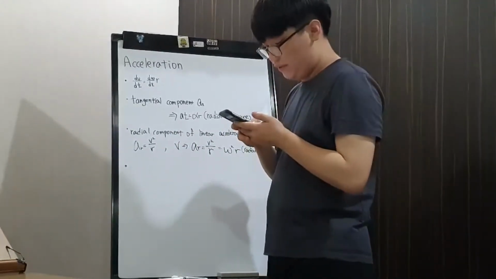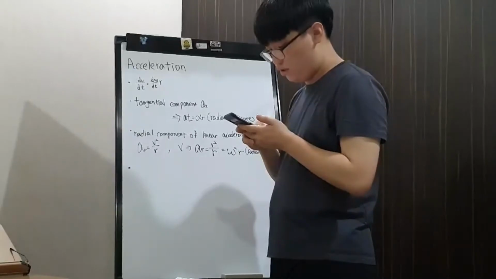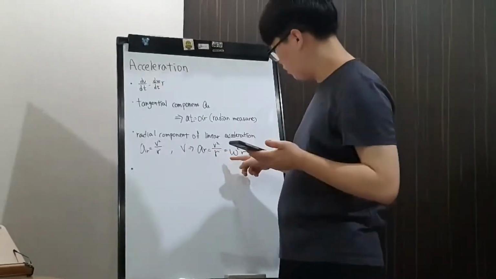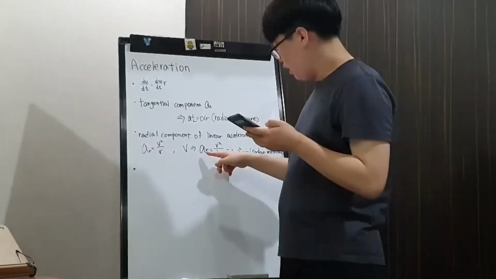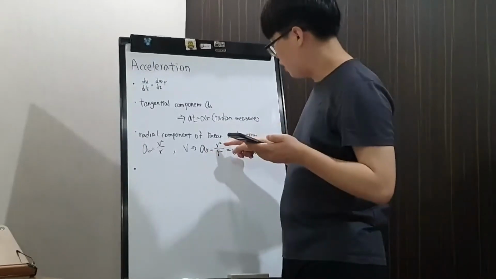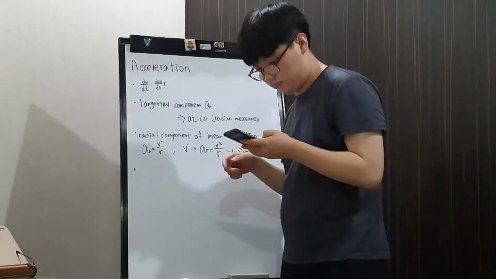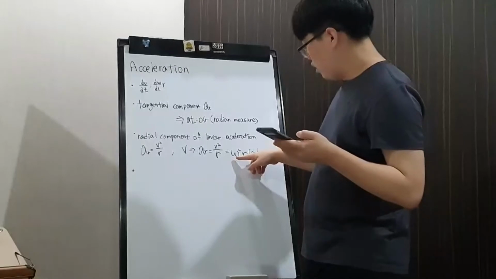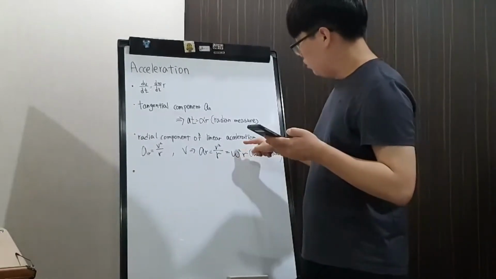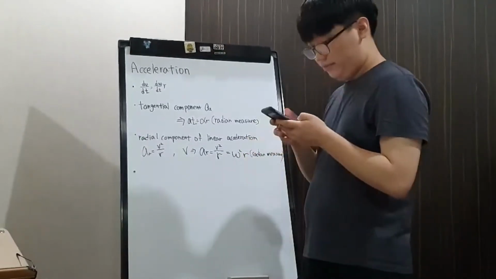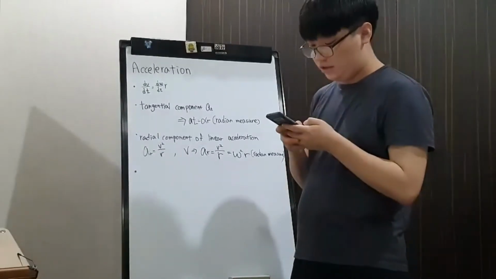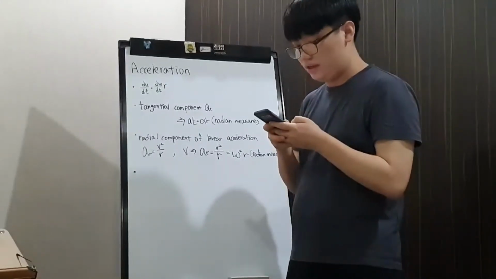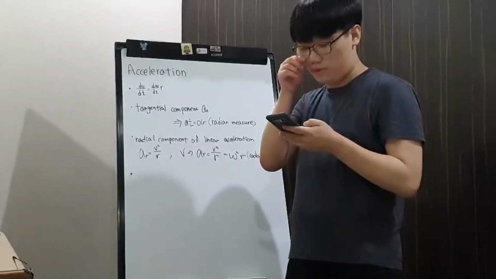That is responsible for the change in the direction of the linear velocity v. And a_r equals v squared over r equals omega squared times r. The linear acceleration of a point on a rotating rigid body has two components.